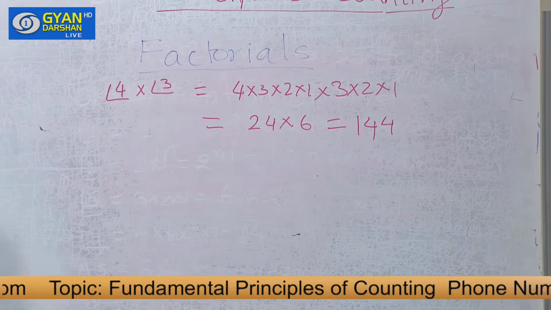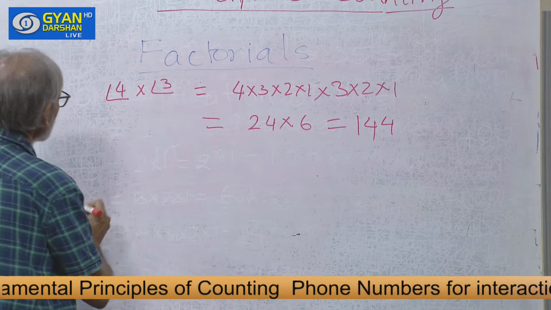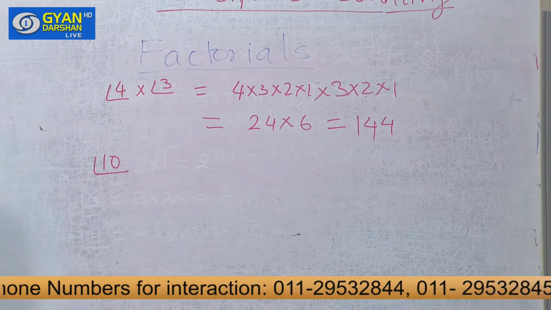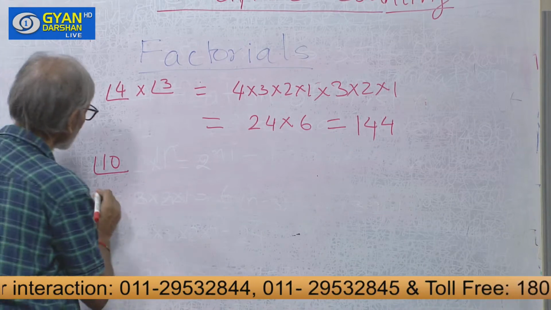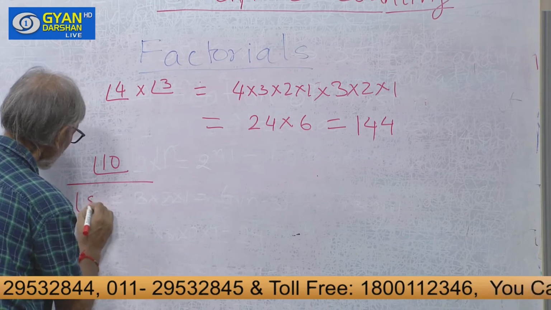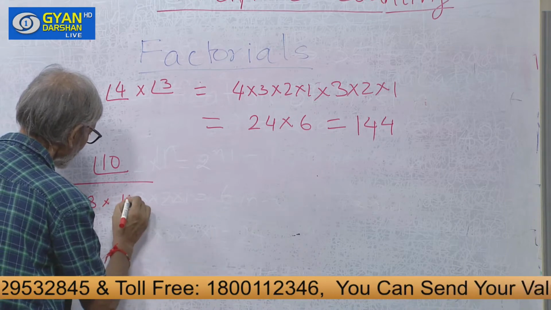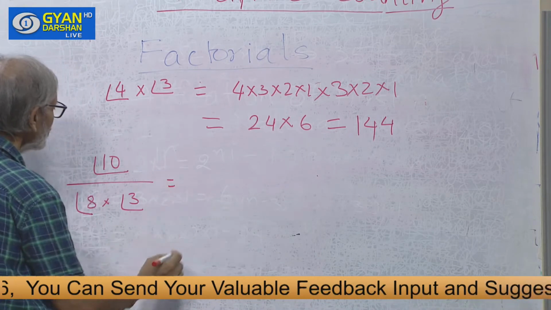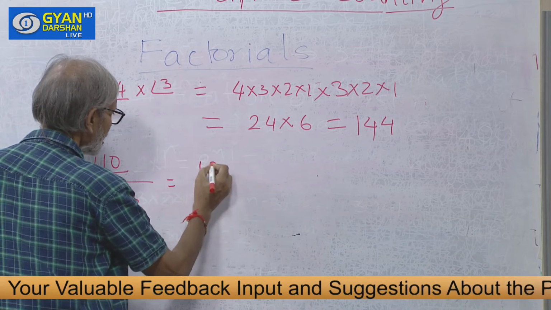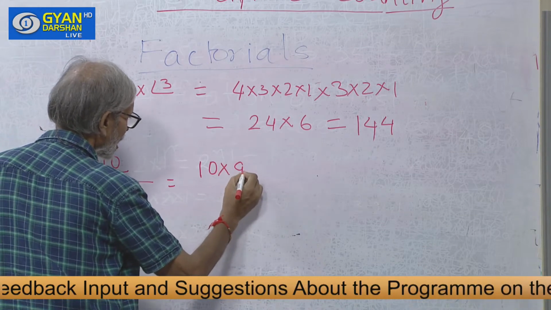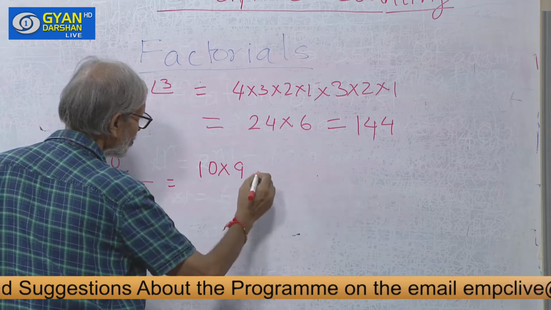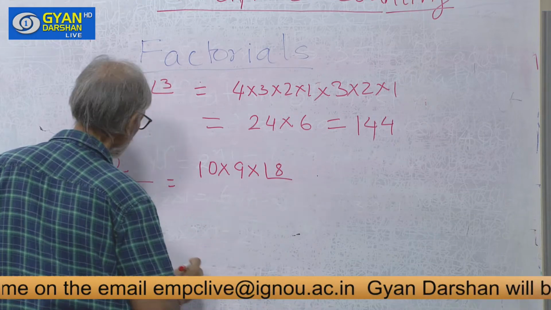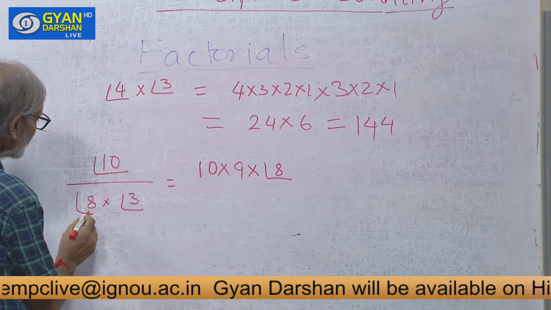Now, a simple calculation. Suppose it comes out to be factorial 10 divided by factorial 8 into factorial 3. So, this will be equal to, we can write 10 into 9 into 8 into 7, but I will write factorial 8 here because in the denominator factorial 8 is there.